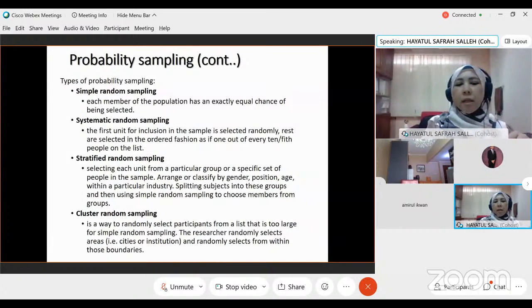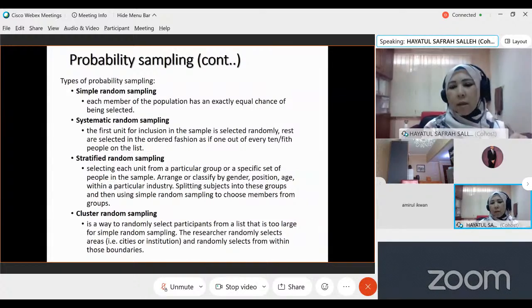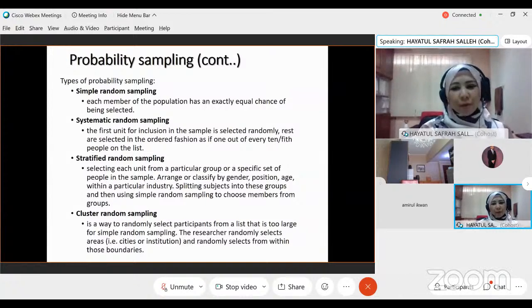Some students say that they want to select every 10th person in the list. So the first person in your list is your first respondent. Then 1, 2, 3, 4, 5, 6, 7, 8, 9, 10, so this one is number 2, your second respondent.